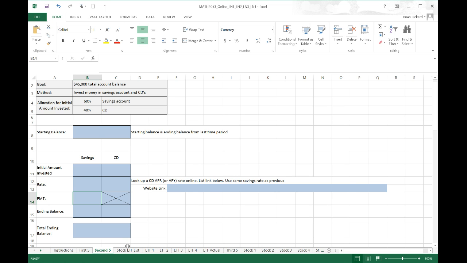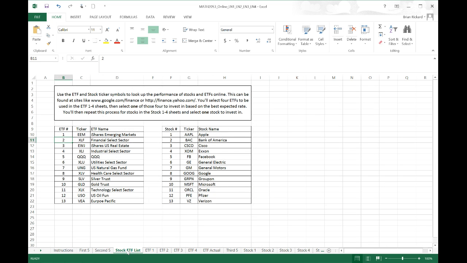All right, so moving on to the next time periods, we're adding in stocks and ETFs. Now, stocks you're probably familiar with. You purchase shares of a company, and based on how the company does, the value of those shares goes up or down. ETFs are exchange-traded funds, and they're similar except that you're not purchasing shares of a company, you're purchasing shares in a sector.